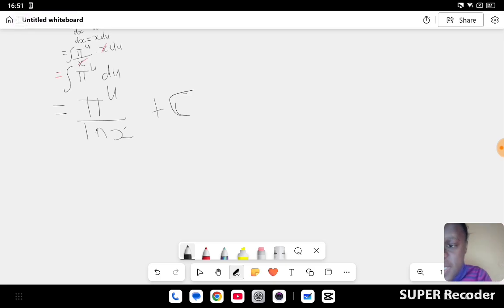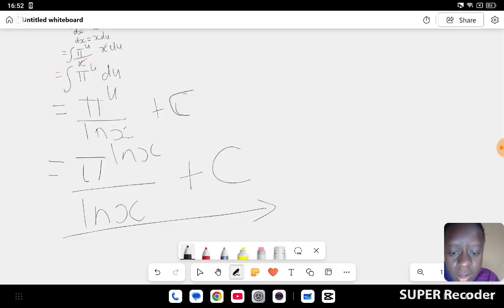So let's substitute back the u. Pi to the ln x divided by ln pi plus c.